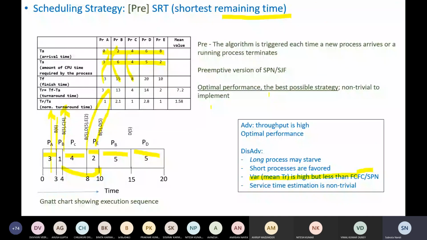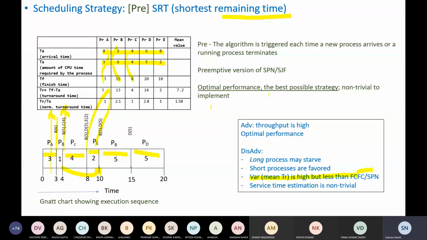And if you look carefully, this preemptive version, that is shortest remaining time, is probably the most ideal kind of algorithm which can provide the optimal performance, because if you know all the processes that are in the system, the one having the shortest remaining time will definitely be scheduled. But at the same time, during its execution, if some other process comes with a shorter time requirement, definitely it will be preempted and that will be given the chance.